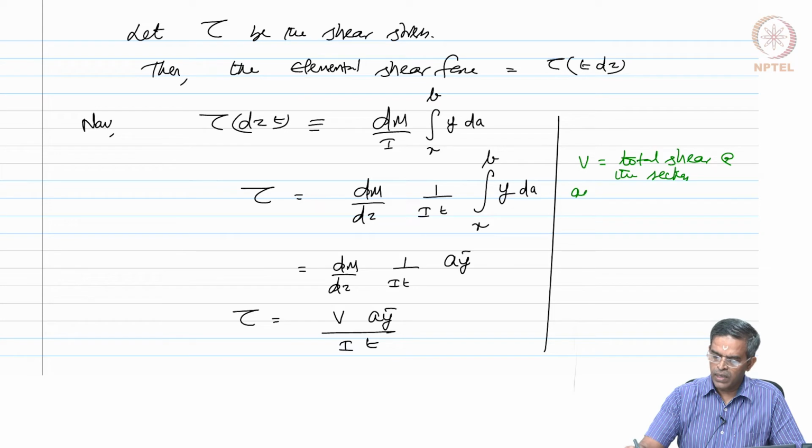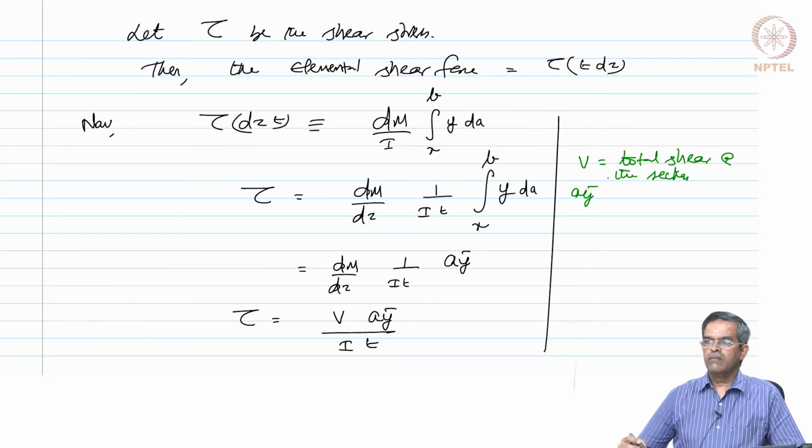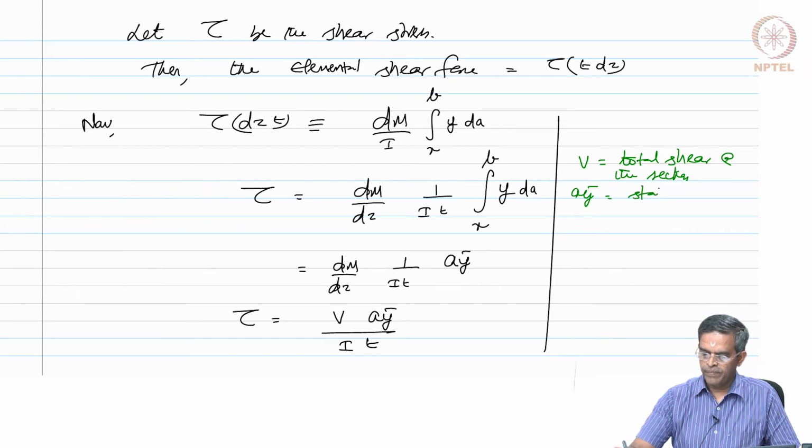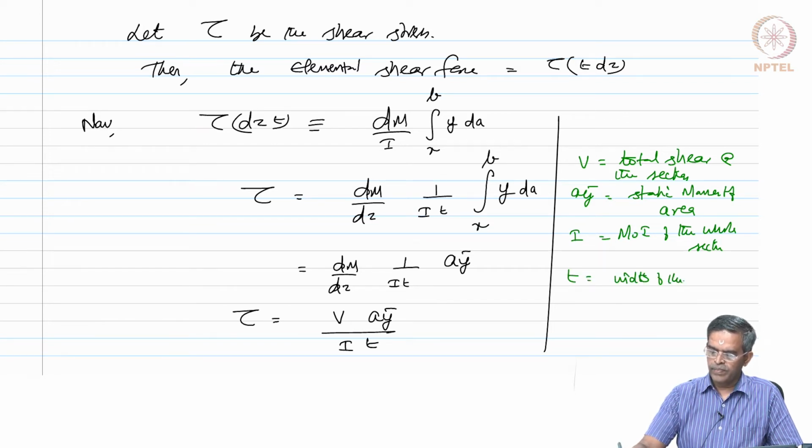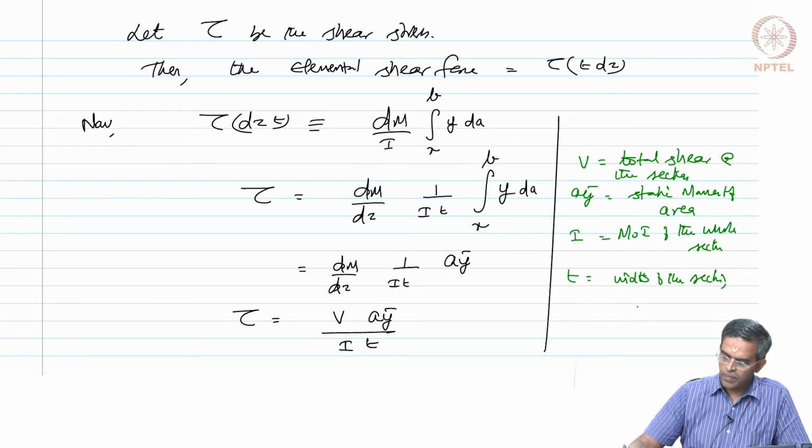A y bar is the static moment of area. I is the moment of inertia of the whole section, and t is the width of the section, okay, perpendicular to shear.